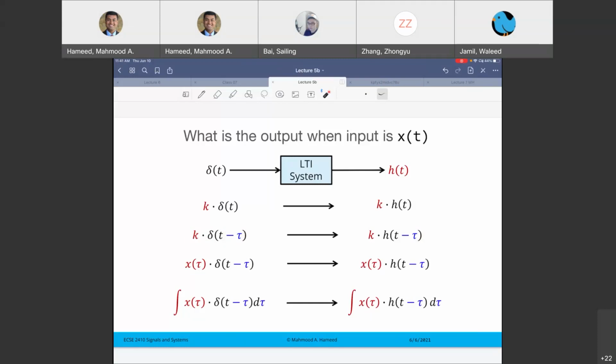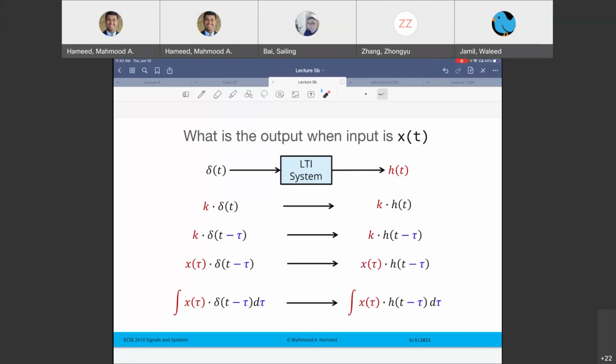It's going to be a value of x of tau. No matter what kind of signal it is, real or complex, it is going to give you a value at that time, tau, right? I'm not saying the whole function, I'm just saying the value at tau. I'm treating tau as one time, not a variable, independent variable.